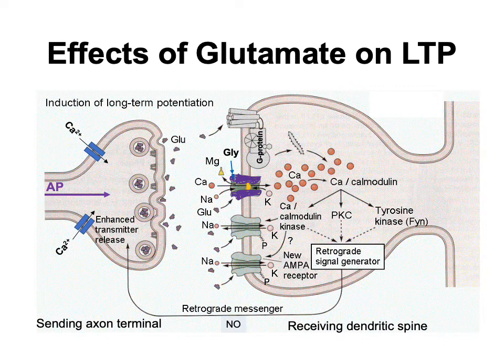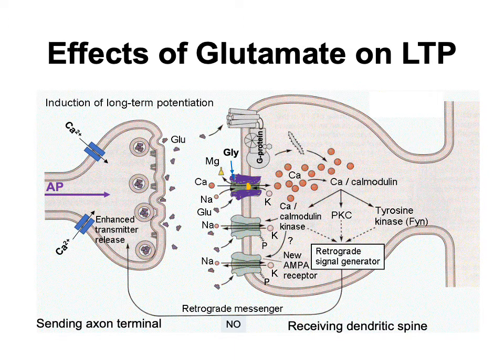I see I have a glycine right there. So it needs to have the glycine bind with it, and the glutamate. Once the membrane has depolarized, it doesn't have to be strong enough to elicit an action potential, but depolarized enough so that it dislodges the magnesium, and sodium and calcium will flood in.